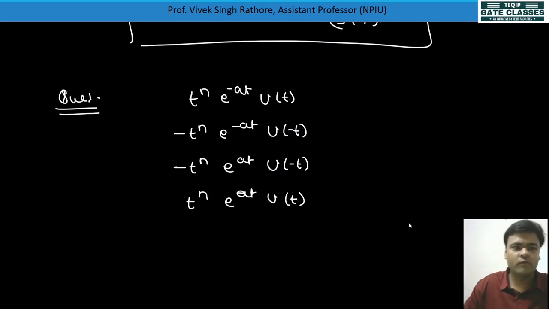These four options are there. Now you need to check which of the impulse responses is stable.